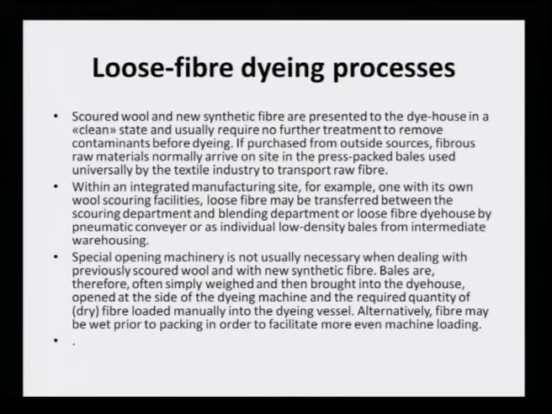Loose fiber dyeing process. Scoured wool and new synthetic fiber are presented to the dye house in clean state and usually require further treatment to remove contaminants before dyeing. If purchased from outside sources, fibrous raw materials normally arrive on site in the press packed bales used universally by the textile industry to transport raw fiber.